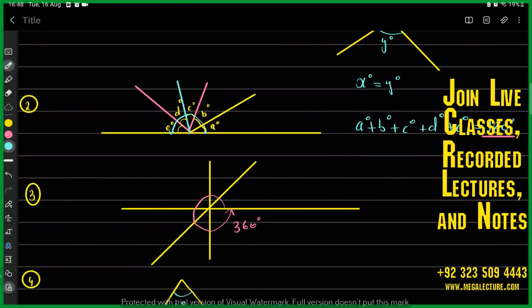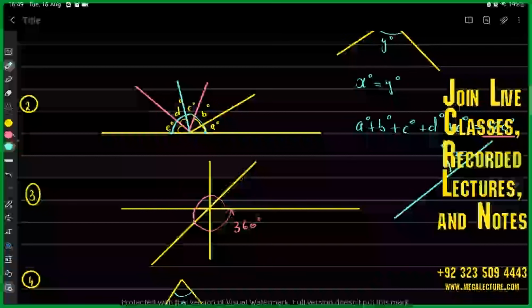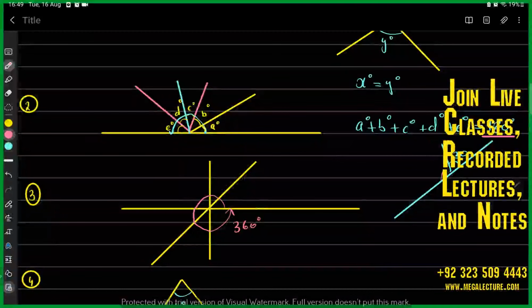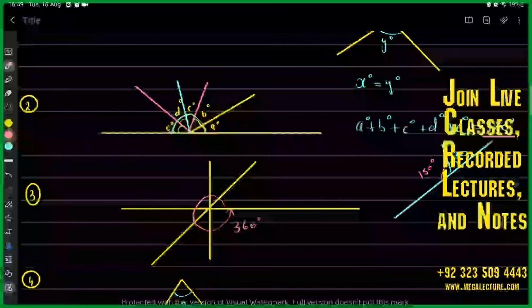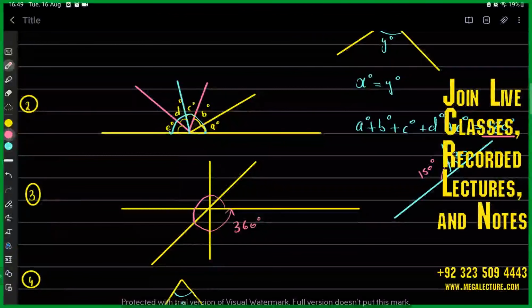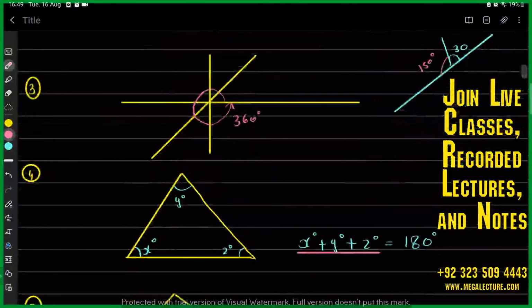If this is a straight line, and if I know that this angle is 30 degrees, I can certainly say that this would then be 150 degrees, because this way or the other, sum of angles on a straight line has to be 180 degrees. Similarly, angles in a circle have to be 360 degrees.